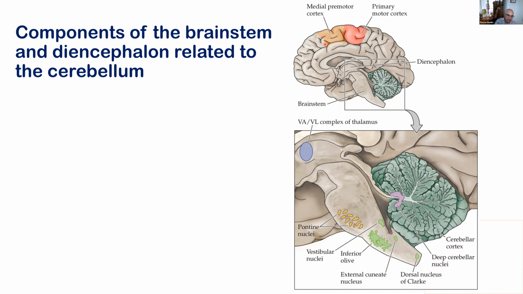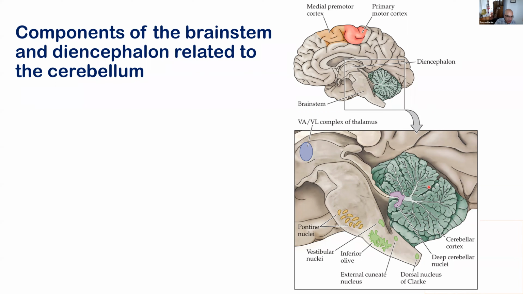These parts of the cortex project their axons to a set of nuclei in the pons called pontine nuclei, because they're sitting in the pons. The pontine nuclei are the inputs that go through the middle peduncle to the cerebrocerebellum. Okay, so those are the inputs that are coming in.